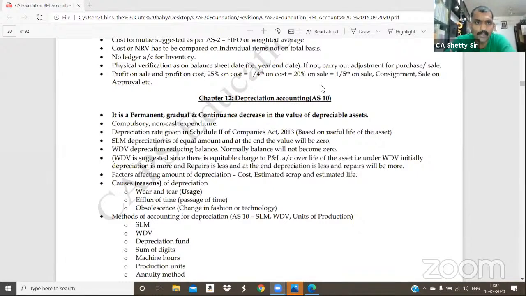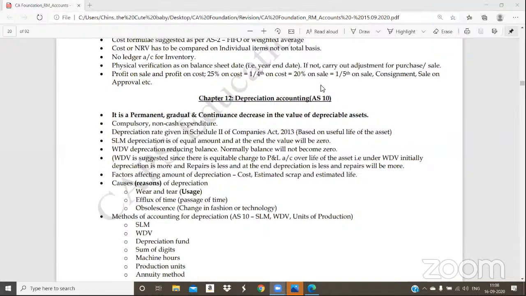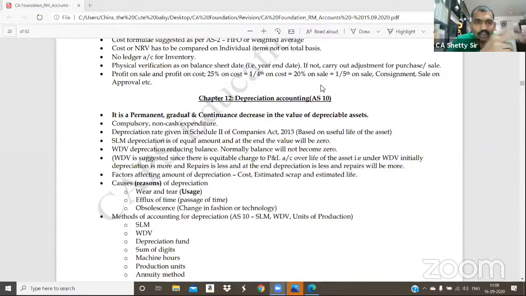Third year 6 lakh. Fourth year 4 lakh. Total 50 lakh. Understood? 30 plus 10 plus 6 plus 4, 50 lakh. So you have to apportion based on the units.